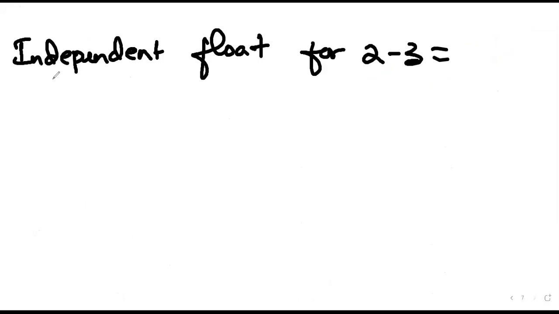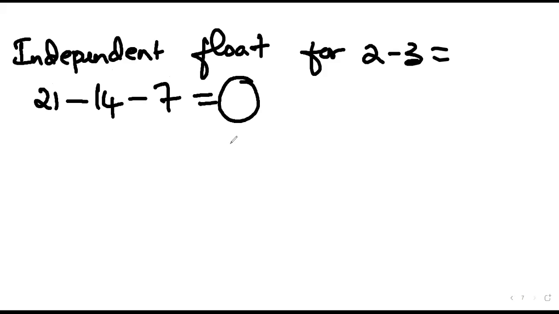The next activity is 3-5. What is the early start for 3-5? 21. Next is the late finish for the previous activity 1-2. What is it? 14. And what about the duration of 2-3? 7. The answer should be 0.